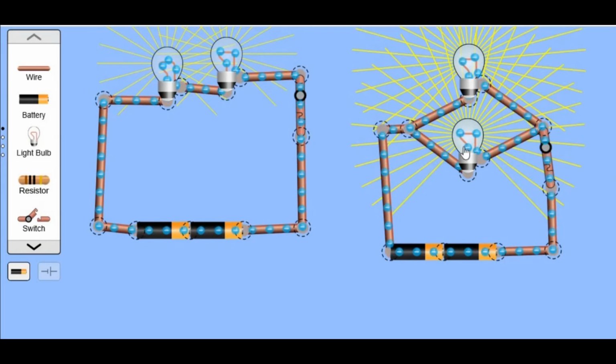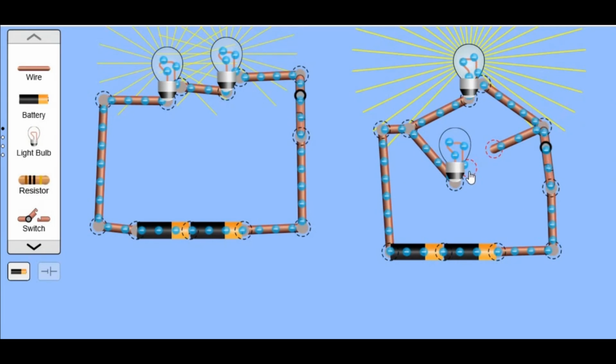So let us look into the parallel circuit. Let us try to remove one of the bulbs from here and check what happens to the other bulb. I'm trying to remove the second bulb here. So I'm removing it. When I remove one bulb, the other bulb still glows, or the other appliances will still be functioning as they are.